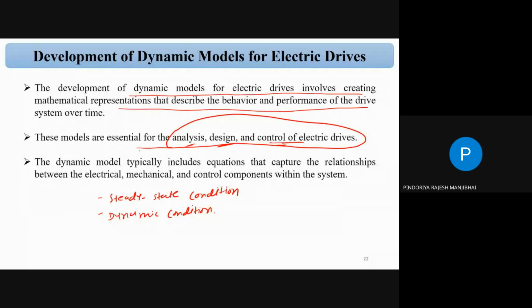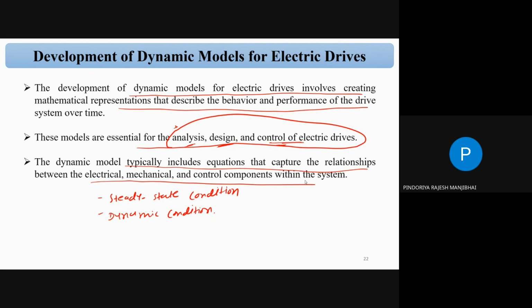Okay, last year I already discussed this concept. So why is modeling important? The dynamic models typically include the equations that capture the relationship between the electrical, mechanical, and control components. Yes, whenever we say drive, otherwise machine. So a machine is nothing but mechatronics, correct? So we can say it is electromechanical.